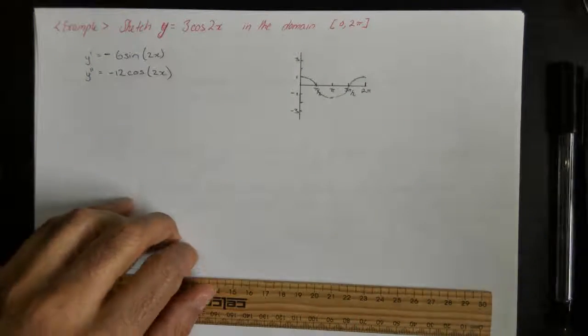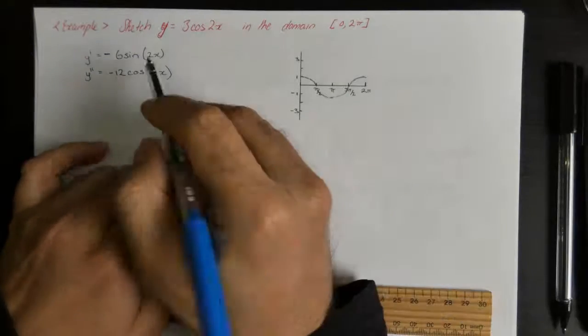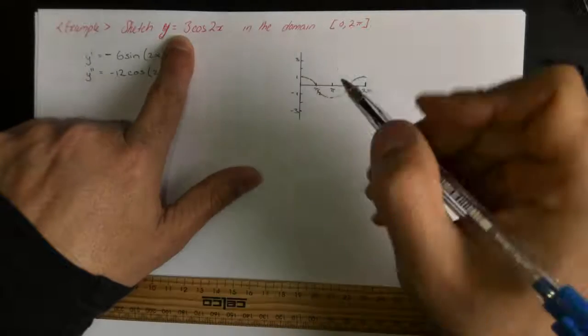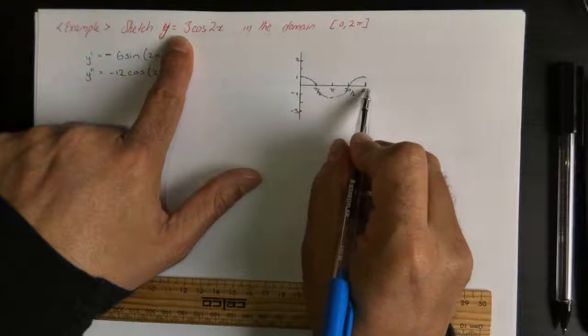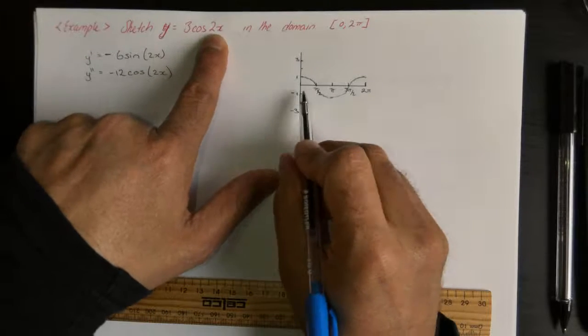And what's happened is we've increased the amplitude to 3, and the normal period of 2 pi happens twice.